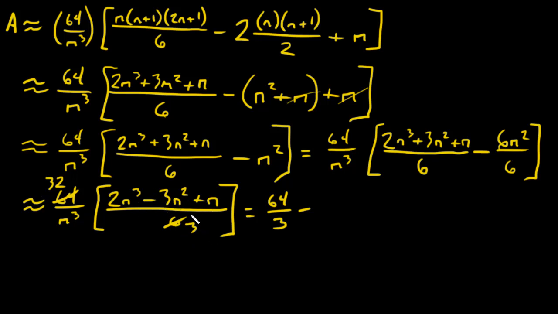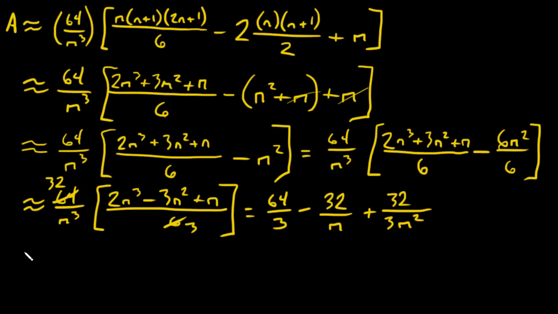It's going to be minus 32 over n. And then 32 times n over 3, and then you have to also divide by the n cubed. So I can't really do a lot with this. It's going to be plus 32 over 3n squared. Alrighty?